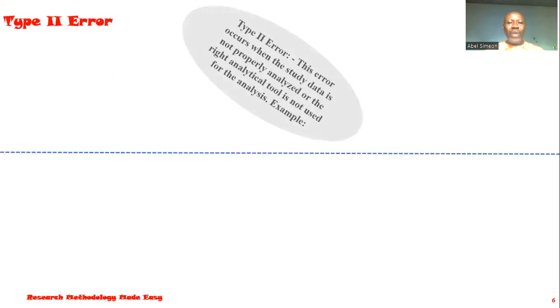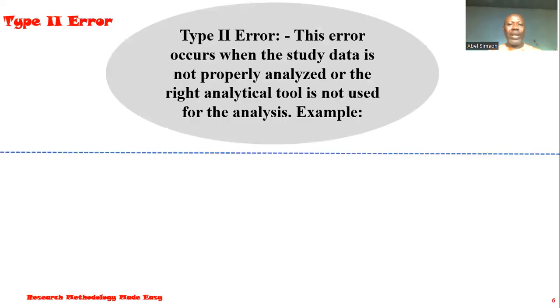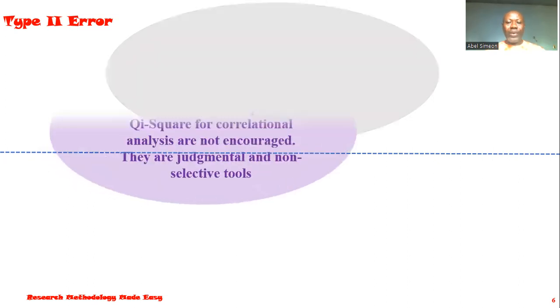Now, for type 2 error, these are errors that occur when the study data is not properly analyzed, or the right analytical tool is not used for the analysis. I repeat, when the analysis you carry out in your study is not proper, or the analytical tool is wrong, then it is type 2 error.